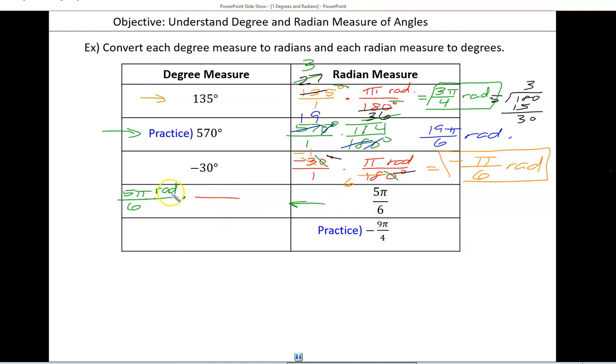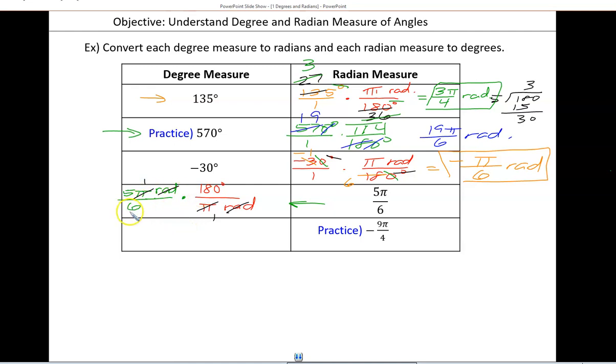So we want to get rid of those radians, which means that we now need our pi radians in the denominator. And we want to be left with degrees, so we need our 180 degrees in our numerator. So now our radians cancel, and we have our degrees. We can also reduce the pi's, because there's a pi here and there's a pi here, so they would reduce to 1.